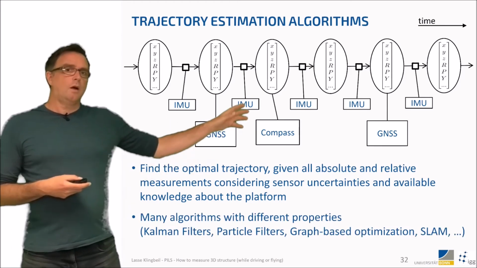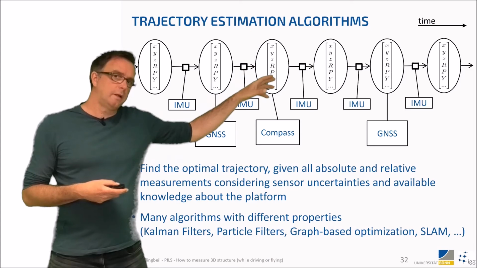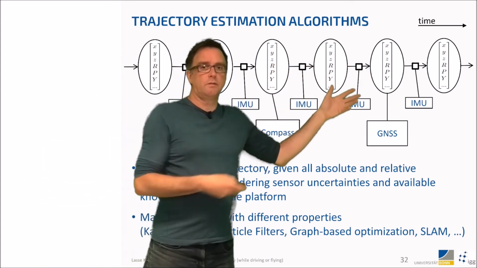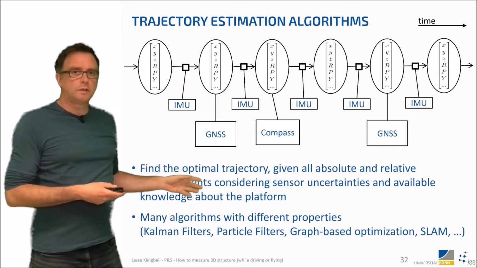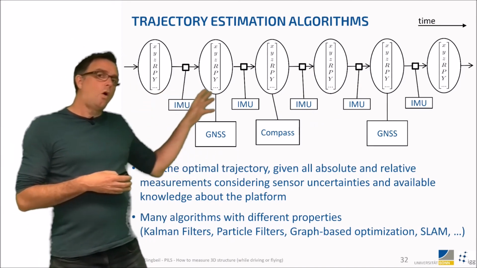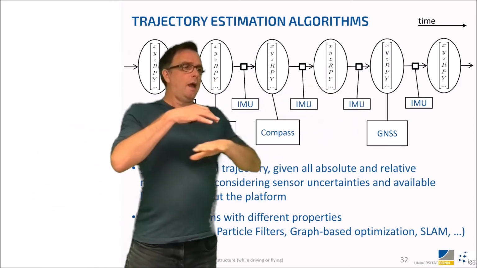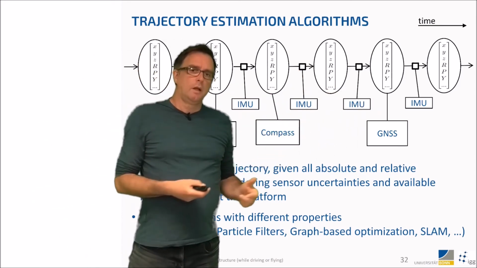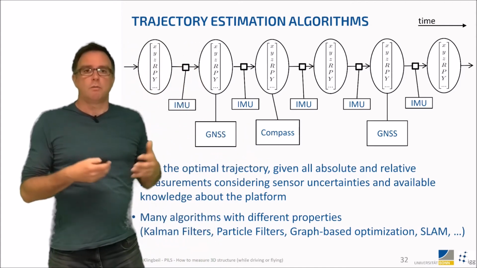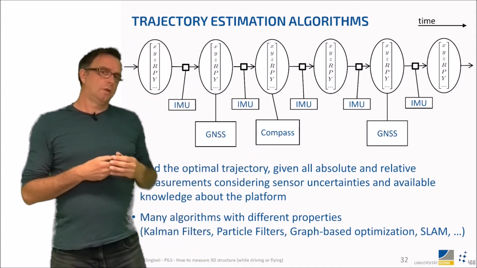Some of them do it online, just recursively updating one after the other every time a new measurement is available. These are called Kalman filters. Then there are also estimation algorithms which take all of the data that they have and estimate it in one batch, which is only possible if we don't need the data in real time, of course.